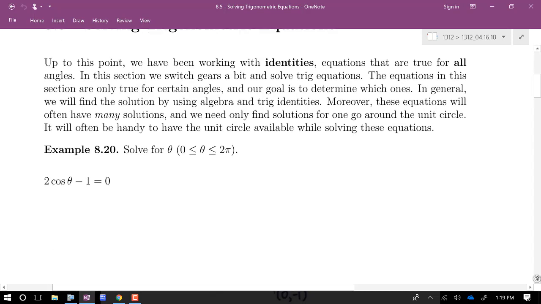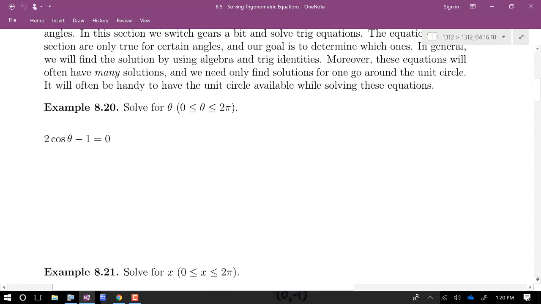So my first intermediate goal usually is to say, I know I want what theta is, but maybe in this equation here, I'm going to start out by figuring out what cosine theta is. So I'll treat cosine theta like it's my variable, get that by itself.